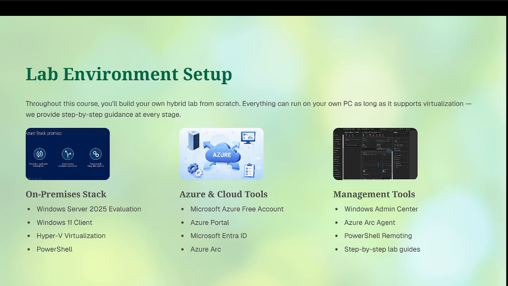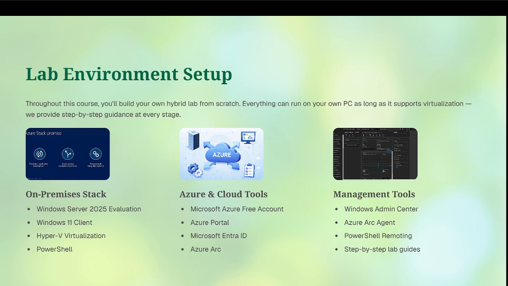Setup. Our lab environment will have three major parts: on-premises infrastructure, Azure cloud services, management and automation tools. Let's look at each component. On-premises stack. The first part of our environment represents the traditional data center. We will build an on-premises Windows Server environment using virtualization.